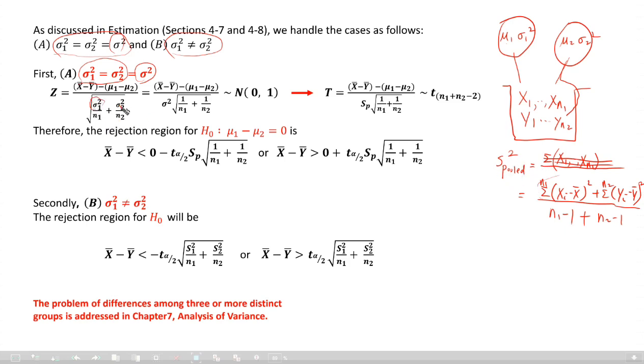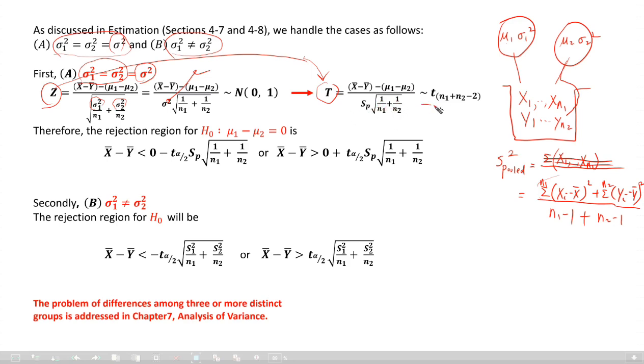Sigma 1 square and sigma 2 square are equal, so sigma square. The standard error is sigma times the square root of 1 over n1 plus 1 over n2, right? So we substitute S pooled for sigma. Then the standardized normal will become T, as we studied: x bar minus y bar divided by S pooled times the square root of 1 over n1 plus 1 over n2.